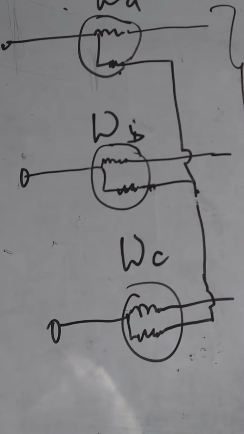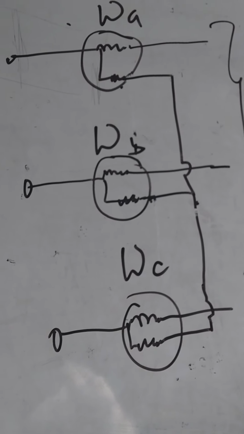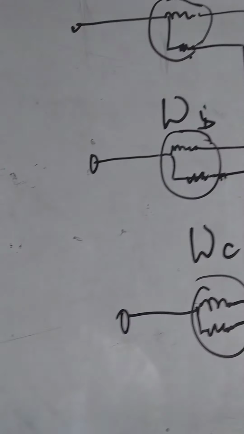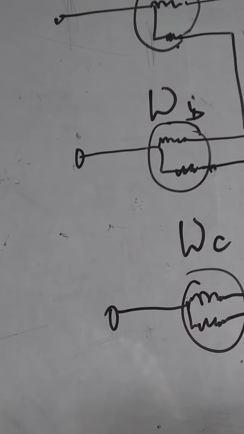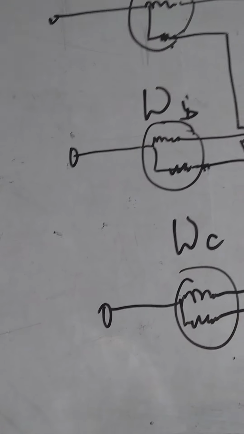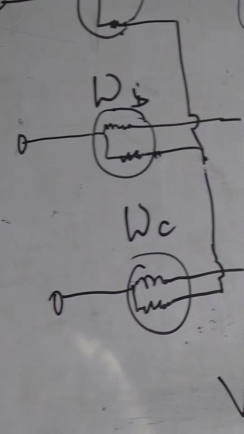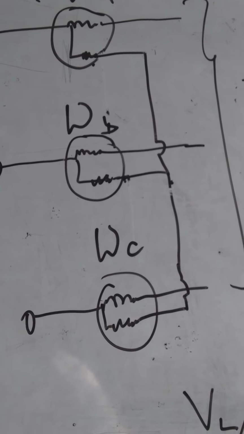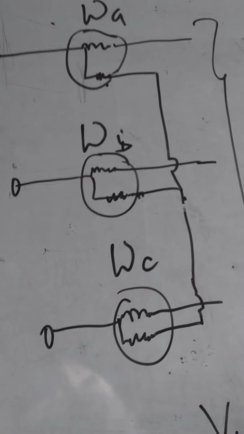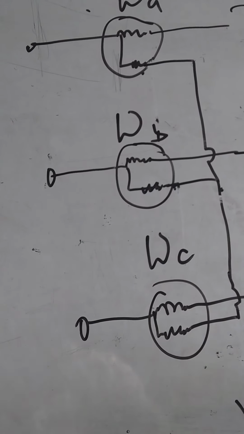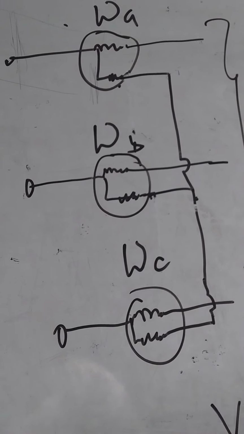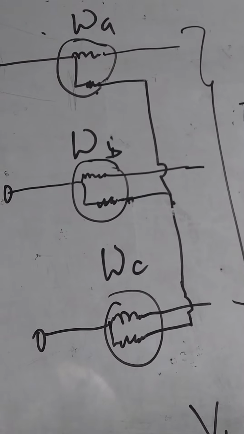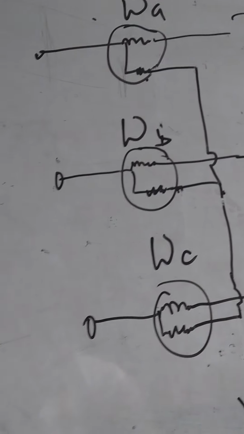Then the voltage across each coil will be the line voltage divided by √3, because it has formed a star connected system. The voltage across each coil will lag the line voltage by 30 degrees in a positive phase sequence.